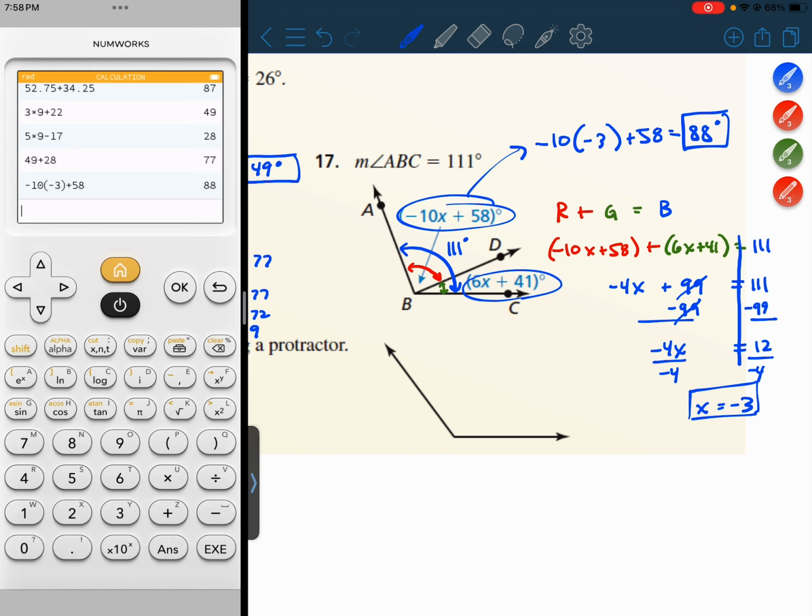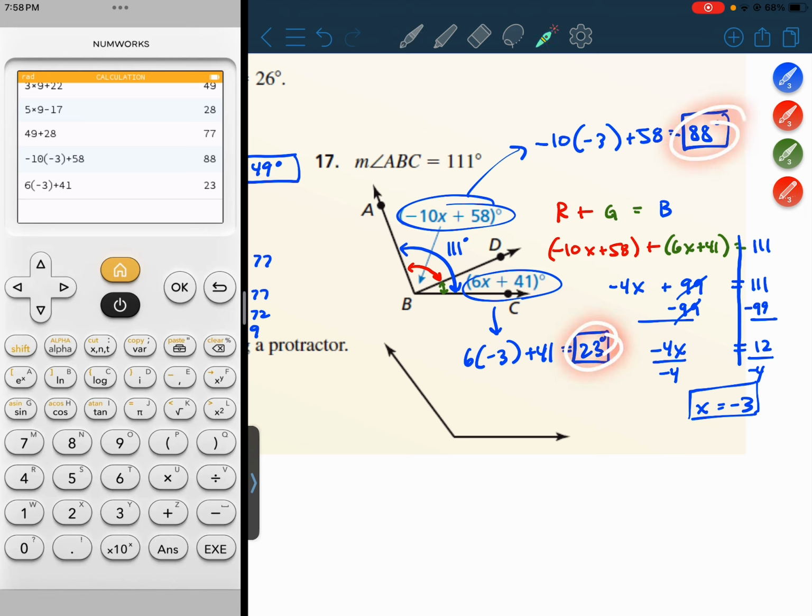Then we'll do the same thing here: 6 times negative 3 plus 41, which is 23. Now I'm going to check by adding these together on the calculator, and we should get 111. 88 plus 23 is, in fact, 111.